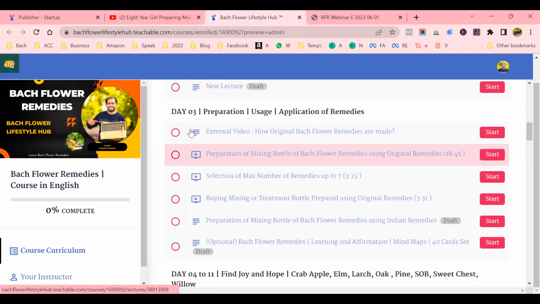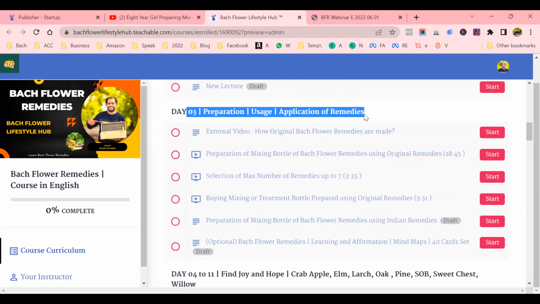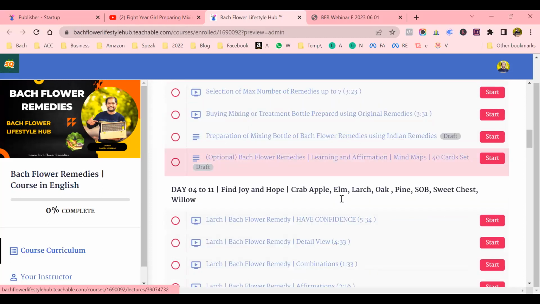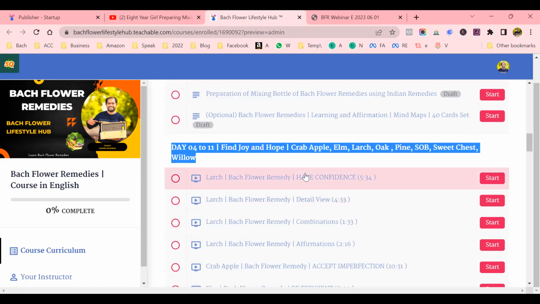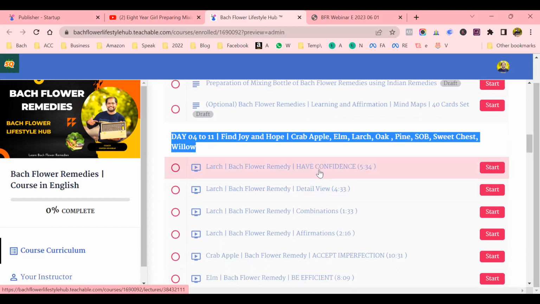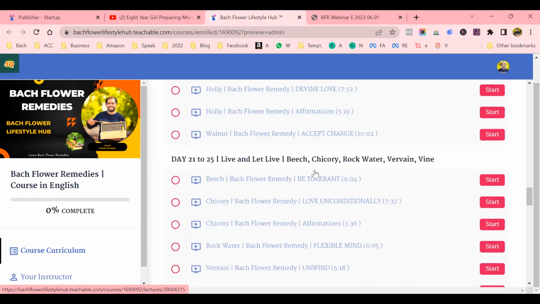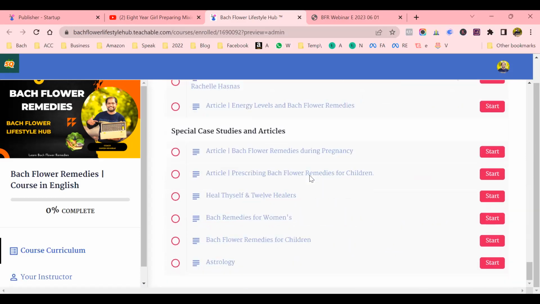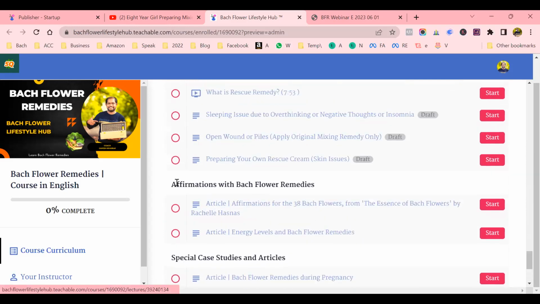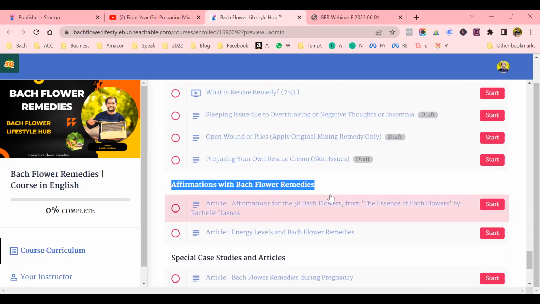Then preparation and application of the remedies, how we can prepare them in different ways, Indian remedies, original remedies, and how to take those remedies. There are certain groups which Dr. Bach has made for the remedies, so we have listed all these remedies in the form of different groups, so you can learn those aspects as well.